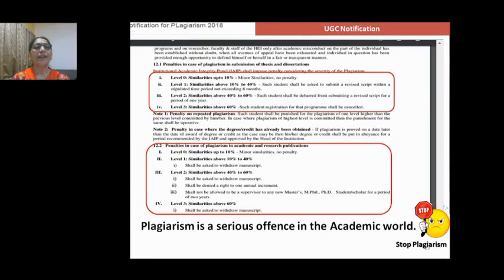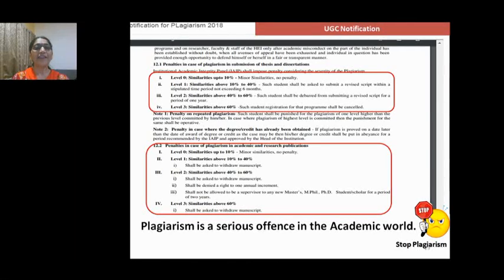And level 1, about 10% to 40%, the students have to revise the script within a stipulated time period. And level 2, similarities above 40% to 60%, the students shall be debarred from submitting a revised script. And level 3, similarities above 60%, the students' registration shall be cancelled.